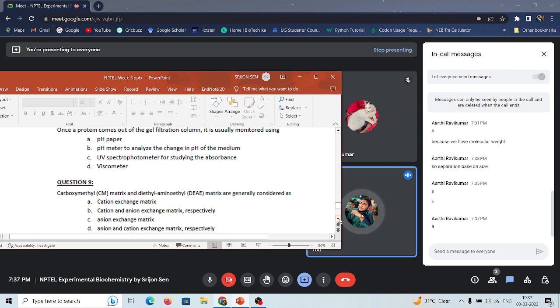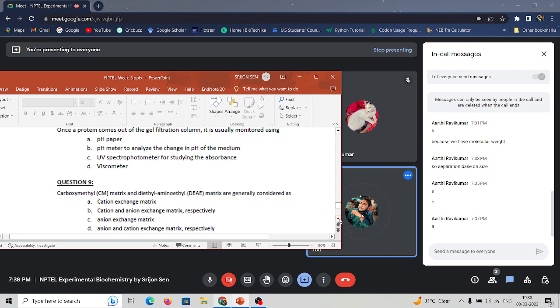You say both are cation exchange matrix. Okay. So carboxymethyl means it has a carboxylic group. That means this matrix is itself negatively charged. So you tell this is a cation exchange matrix.